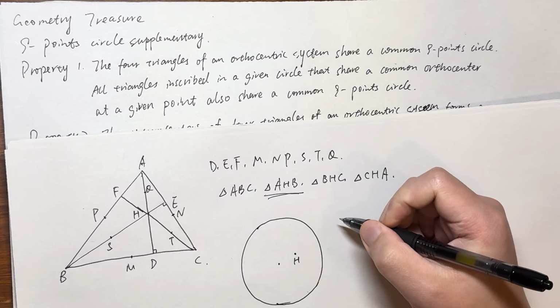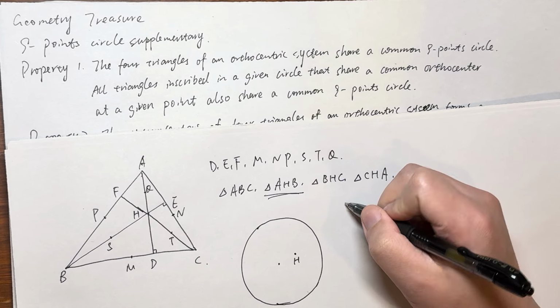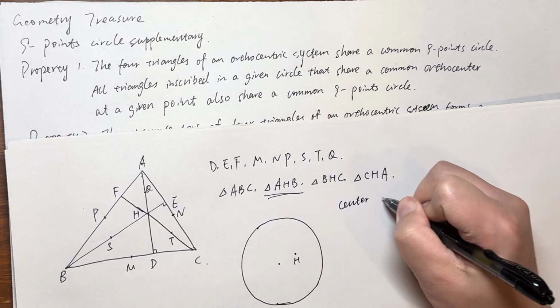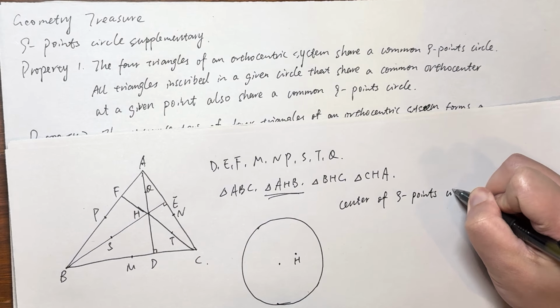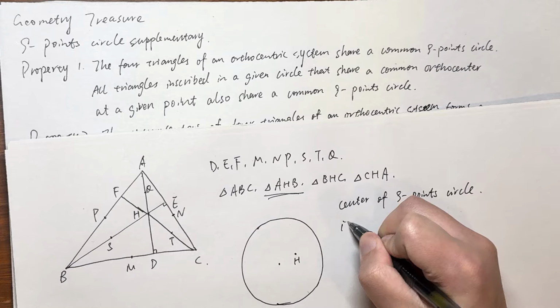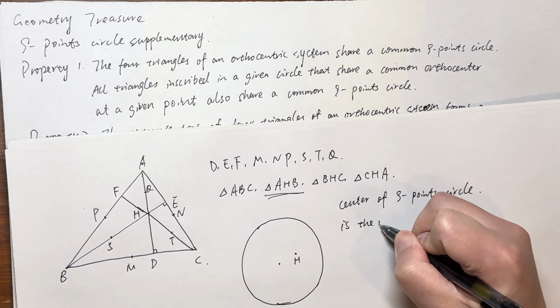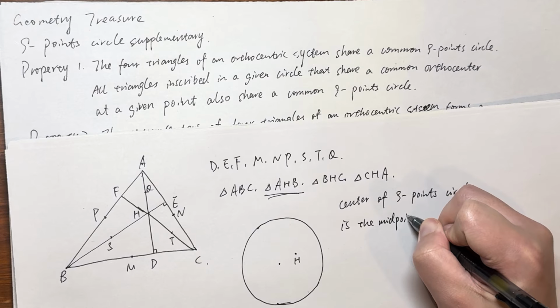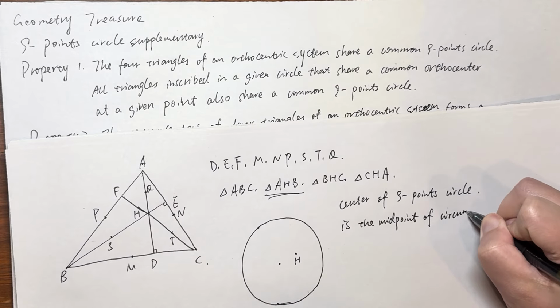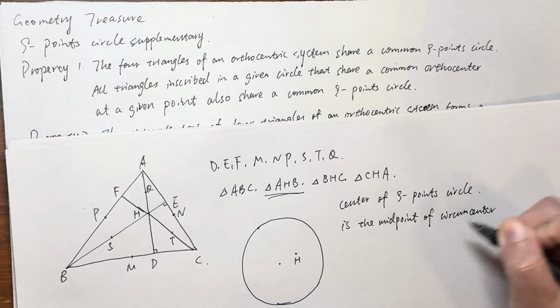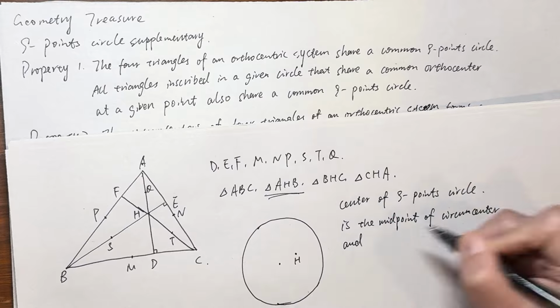Why? Because we know that the center of the 9-point circle is a midpoint of circumcenter and orthocenter.